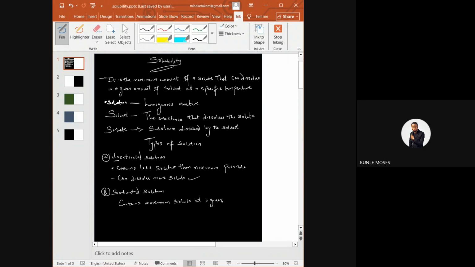That is the specific required amount of the solute that is essential for the solvent. It contains the maximum solute, the appropriate solute needed to be dissolved in that solvent. It simply means no more solute is needed. Did you get it? It has contained the maximum solute already, so no more solute is needed to be dissolved.